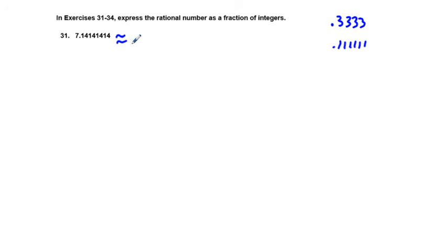I'm going to write this down, and I'm going to write approximately equal to, because that's approximately what it is, rounded. So we have 51 million, and that's going to be 10,000.